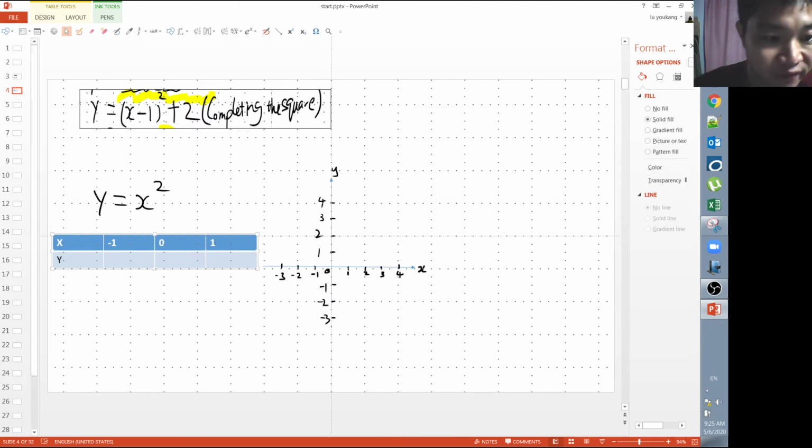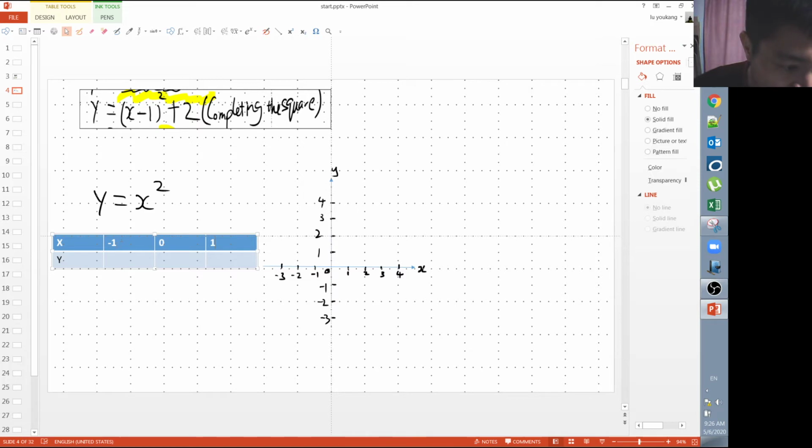With these three values, -1, 0, and 1, you have covered the negative side, 0, and the positive side. This is the bare minimum you need. Sometimes you might need more points, sometimes just these three. Let me use these 3 points and see what I get.